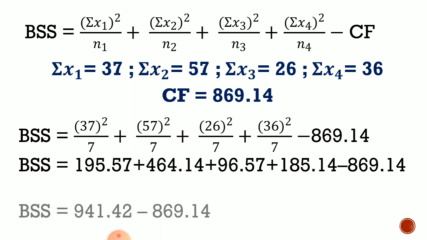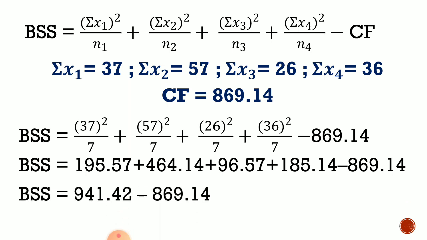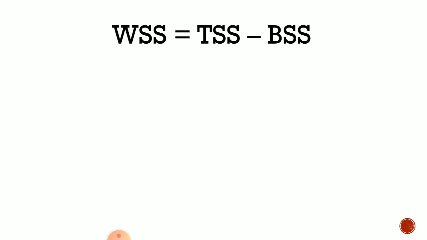So that is now 941.42 minus 869.14, which is equal to 72.28.